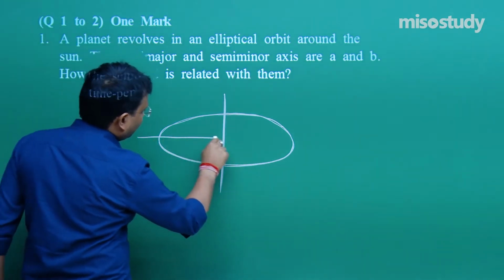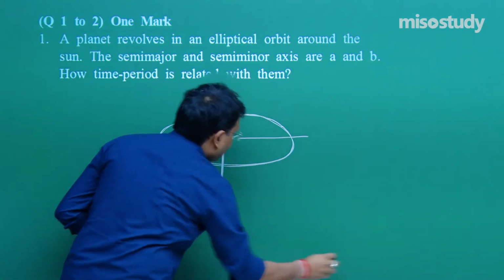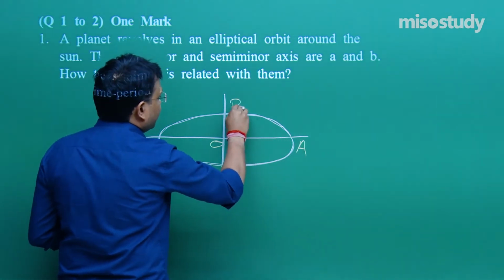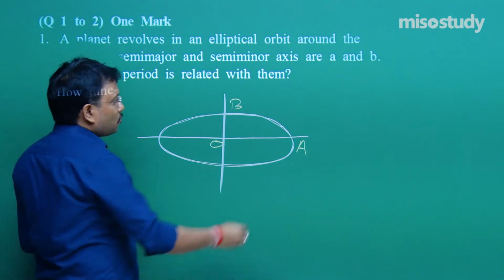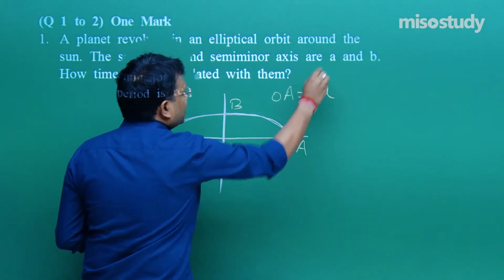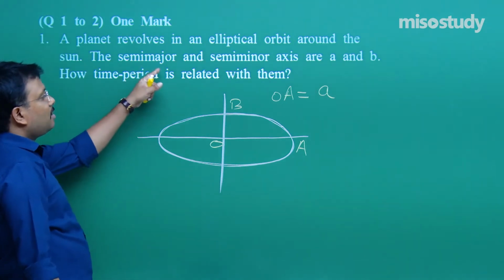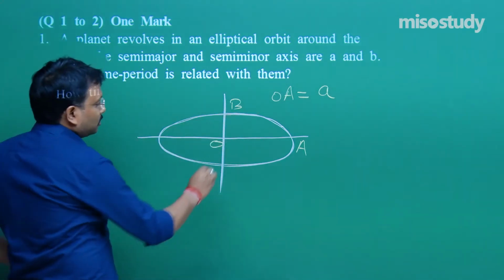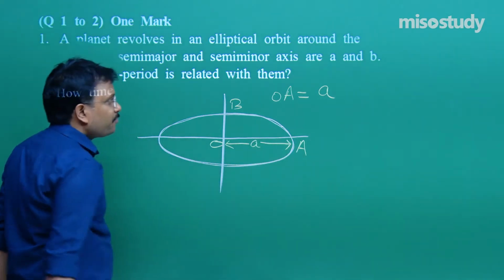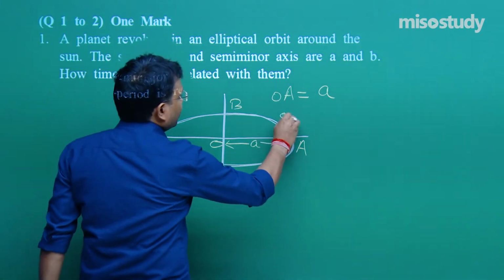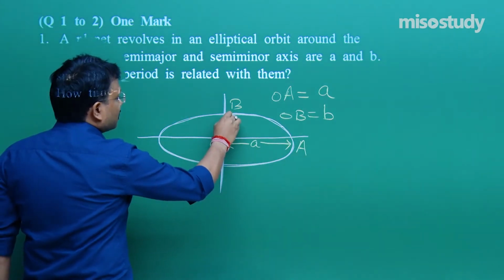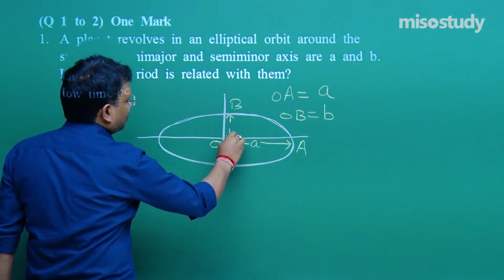And then let us say this is O, A and B. So, OA is equal to A. It is the semi-major axis. And then OB is equal to B. It is the semi-minor axis.